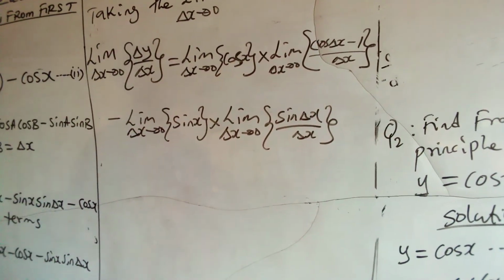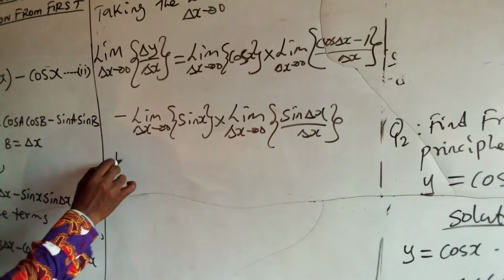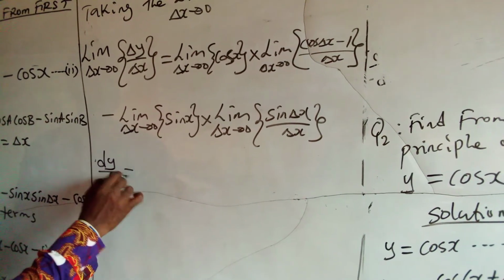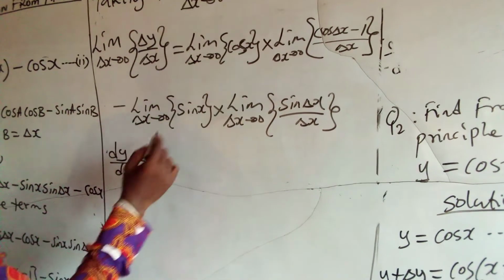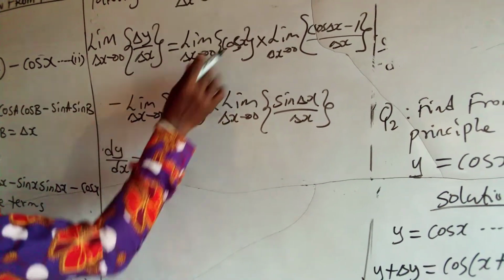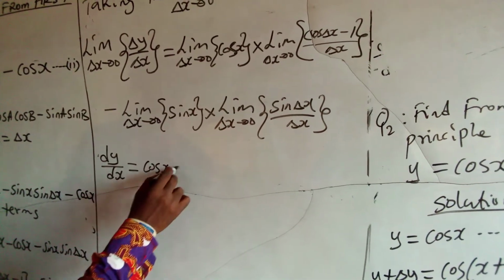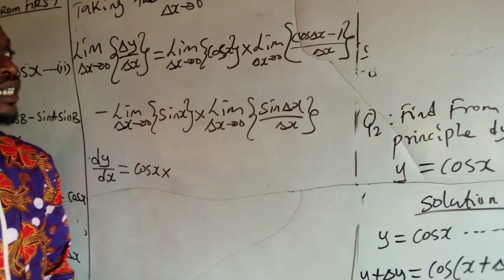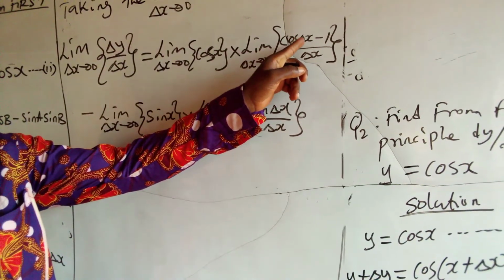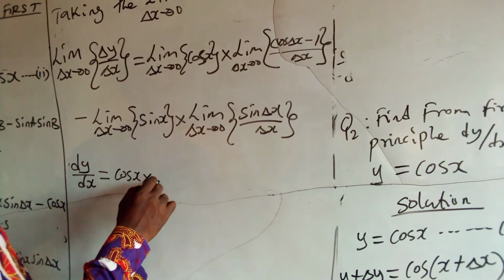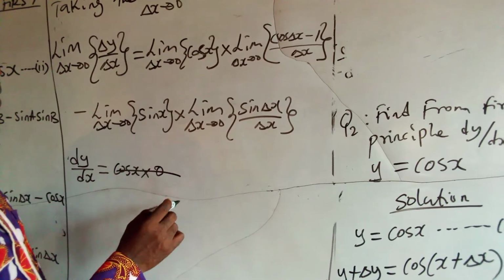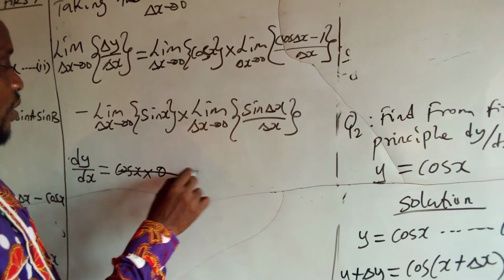So the whole of this will give us that dy over ds will be equal to what? This is constant, right? Cos S, because there is no change in S, then times the same thing again. Cos 0 is 1, 1 minus 1 is 0. So the whole of this is 0, we have eliminated that.